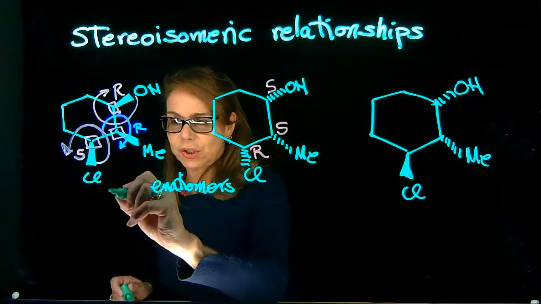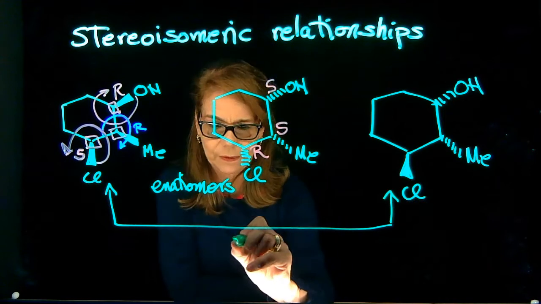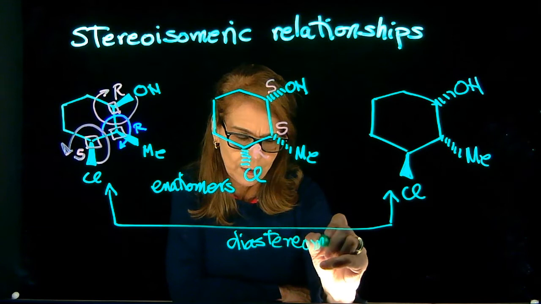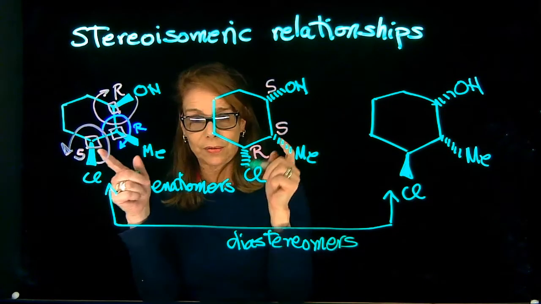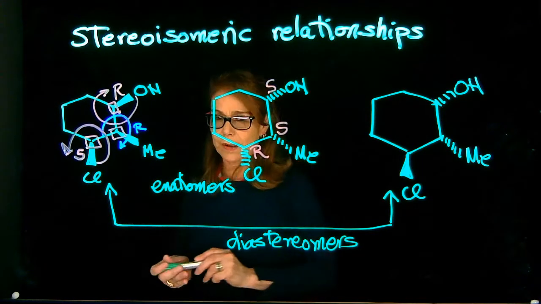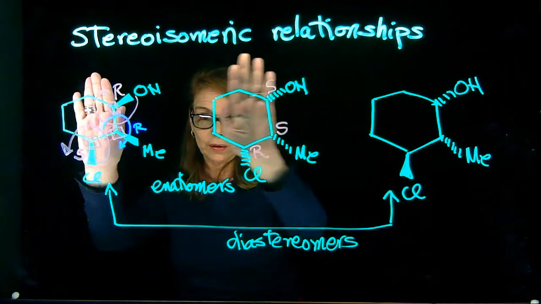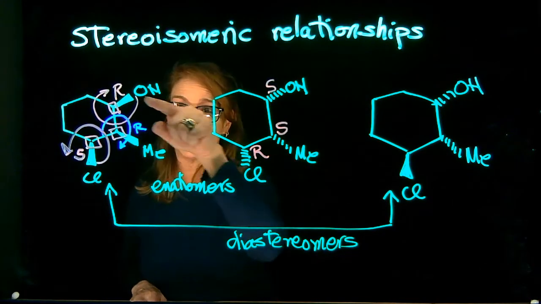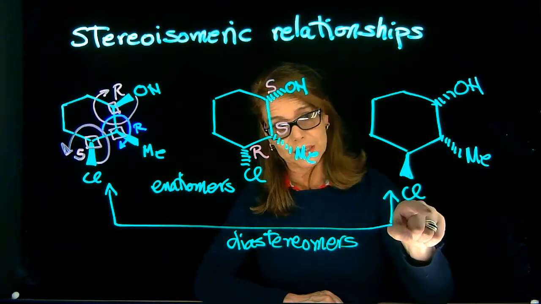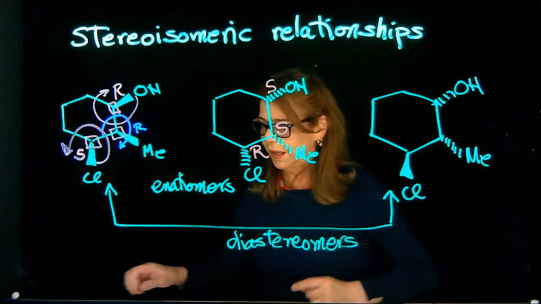So the relationship between these two molecules is diastereomers. Remember that enantiomers are related as mirror images, but they're not superimposable. If you try, you can draw the mirror image to that, and it will be identical to this. And if you try to overlap these two, they actually won't match because these are inverted. But here you have inverted two centers and one is not. So when that happens, the relationship between these two molecules is diastereomers.